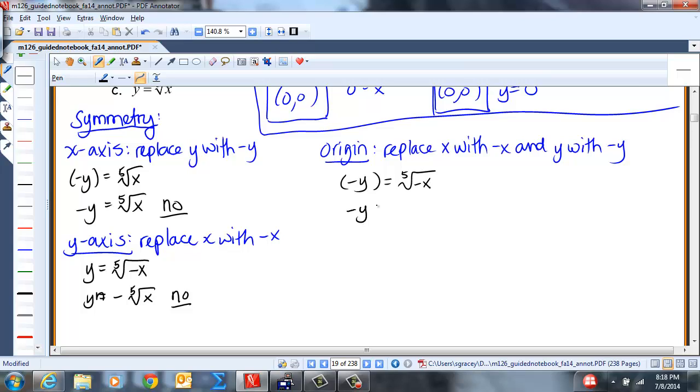We would get negative y equals negative fifth root of x if you multiply both sides by negative 1 or divide both sides by negative 1. Both negatives will go away, and you get y is the fifth root of x. So that one checks out. So the graph is symmetric.